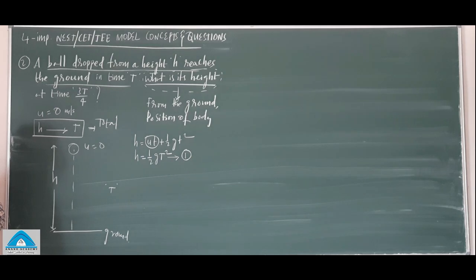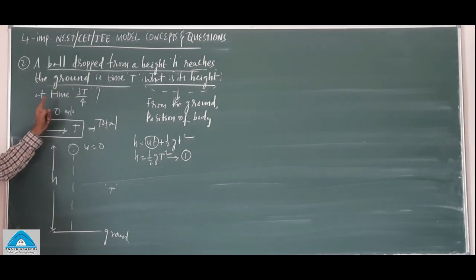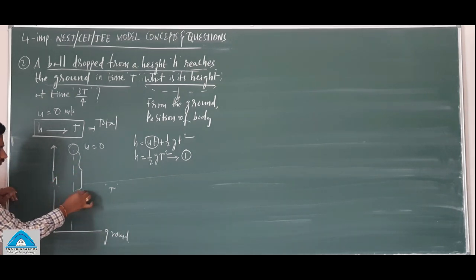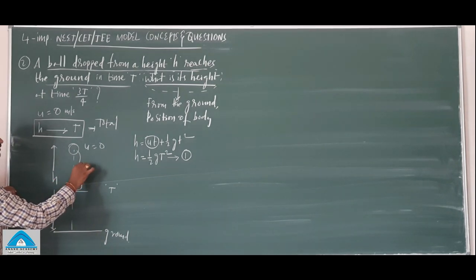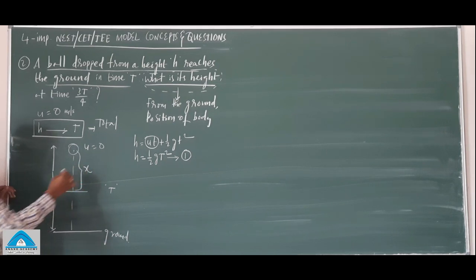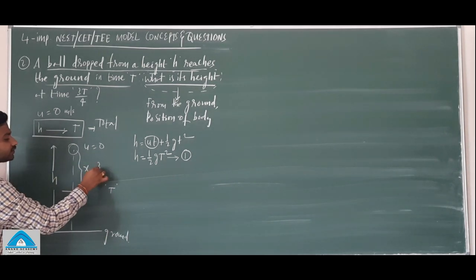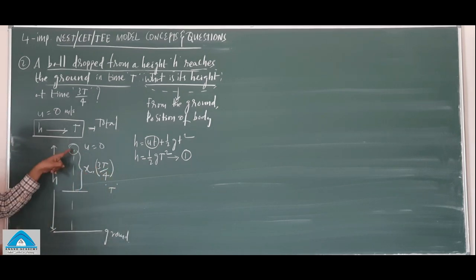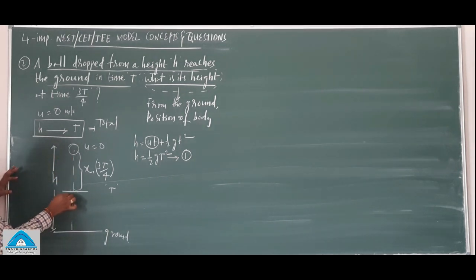Now, what is its height at the time 3t by 4? Imagine that after 3t by 4, the distance traveled by the body is x, in a time 3t by 4. Now, this is the position of the body.